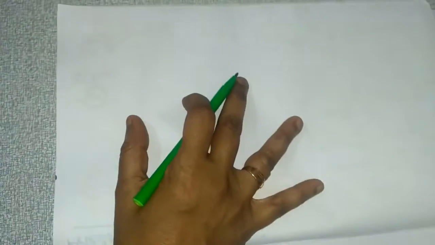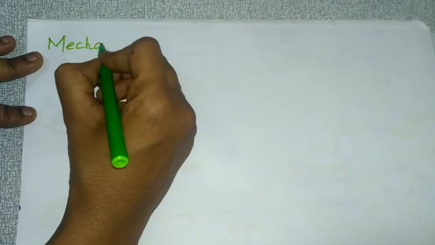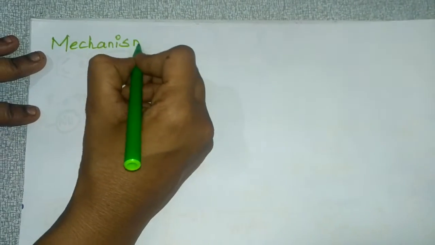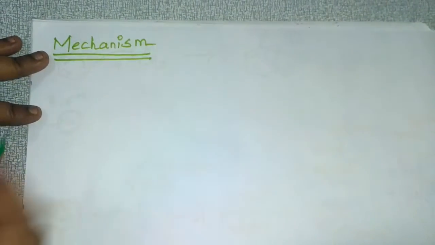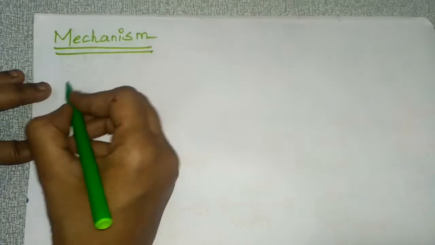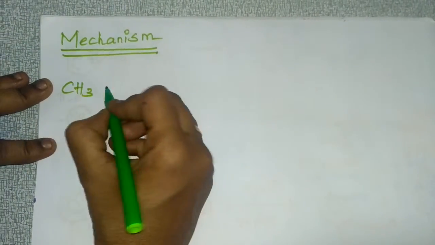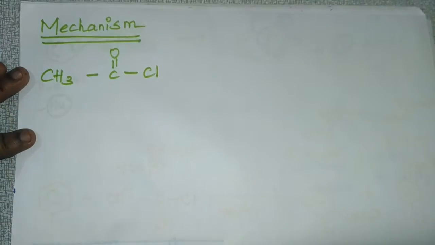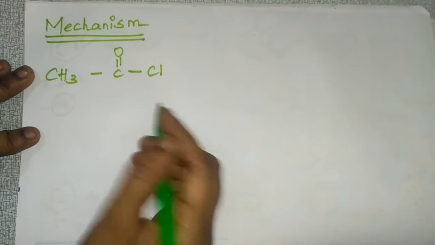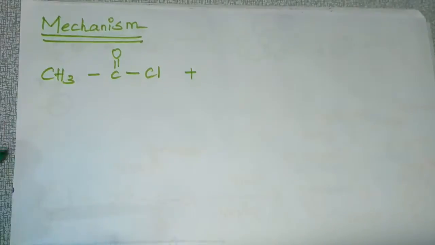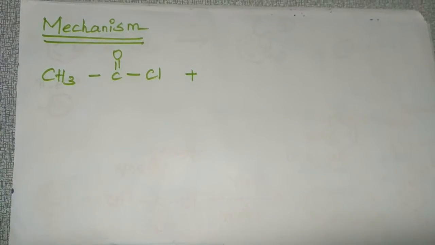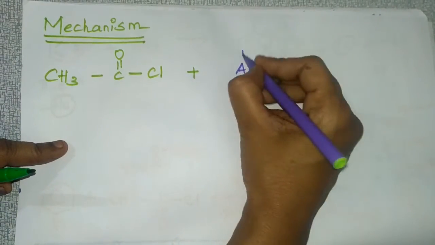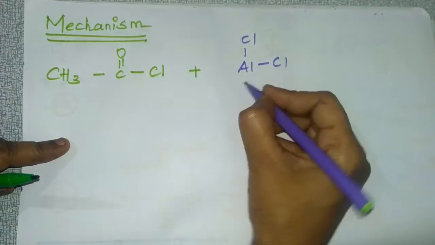So the mechanism is: we are going to take acetyl chloride, CH3 C double bond O Cl. To this acetyl chloride, what we are going to add? We are going to add aluminium chloride, that is AlCl3.